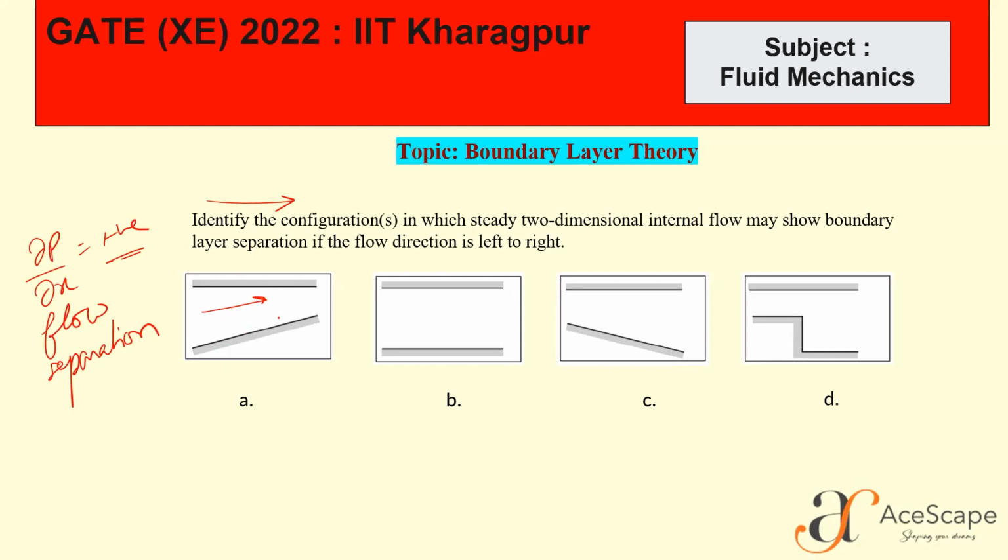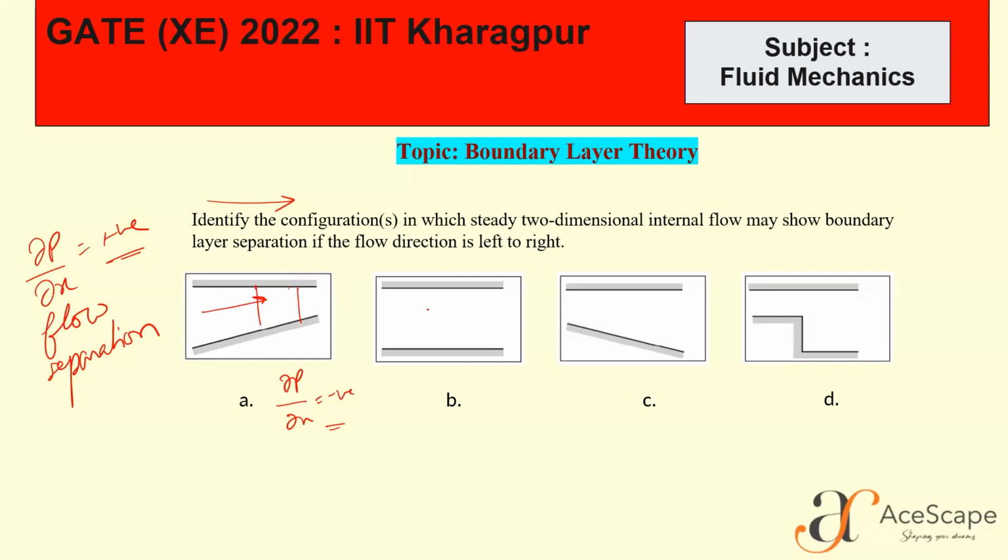In a converging section, the velocity will increase and pressure will drop, since by continuity the cross section is decreasing. So del P by del X becomes negative.